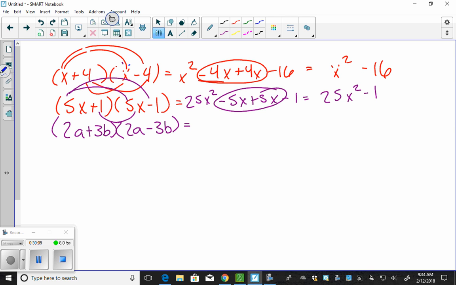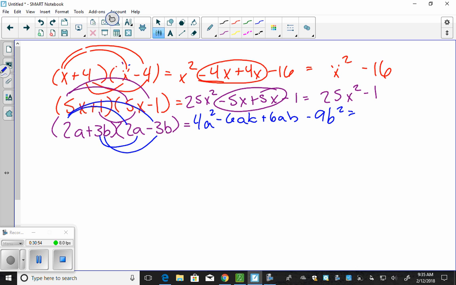This kind of looks like a pattern. 2a plus 3b and then 2a minus 3b. So what's 2a times 2a? 4a squared. 2a times negative 3b is negative 6ab. 3b times 2a is 6ab. And then 3b times negative 3b is negative 9b squared, because 3 times 3 is 9.